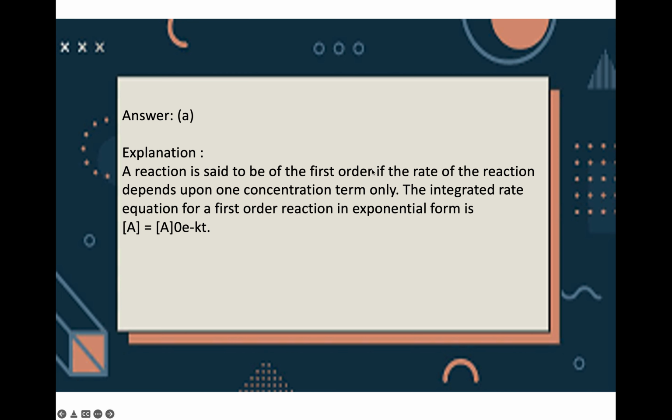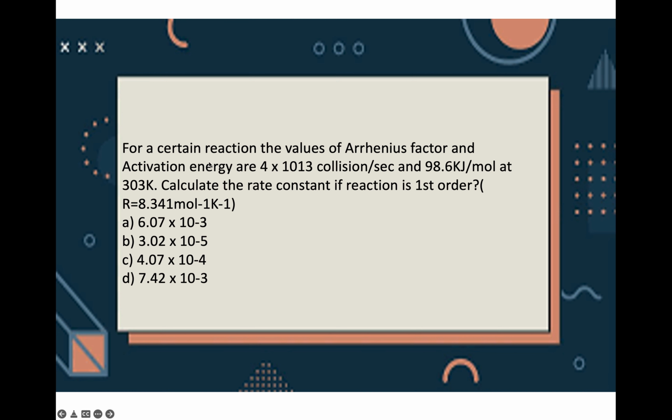So the integrated rate equation for the first order reaction in exponential form, just remember this, don't forget, this is very important. So this is the exponential integrated rate equation, because they will be giving the choice and ask you to identify the correct equation. So remember this always.